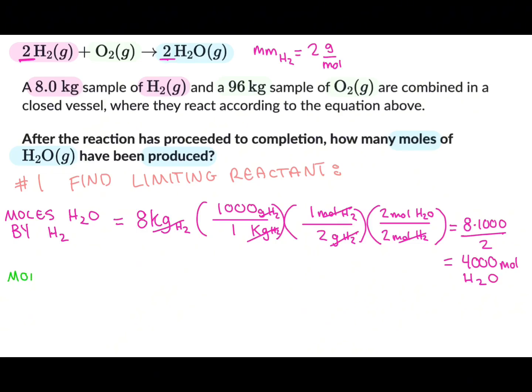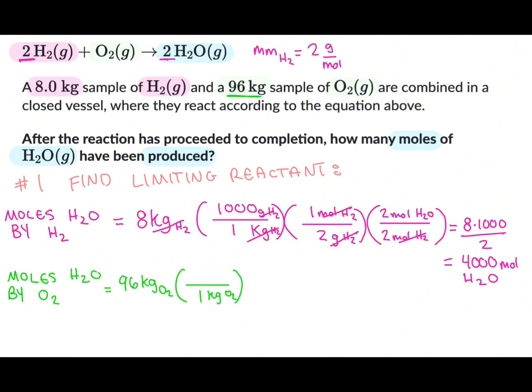Next, we're going to go to the other reactant and figure out how many moles of H2O can be made from 96 kilograms of oxygen. Same step as before, convert from kilograms to grams by the 1 to 1,000 ratio.